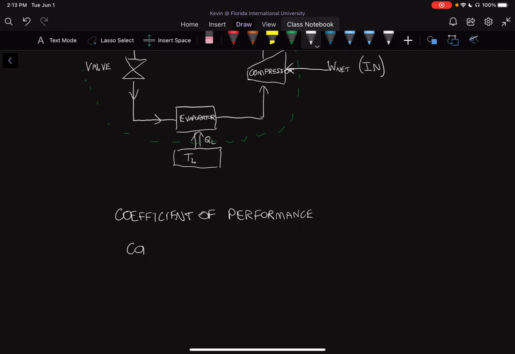So the COP, or coefficient of performance, which is also sometimes called beta, is equal to the energy sought over the energy that costs.